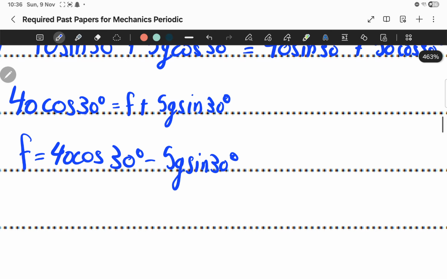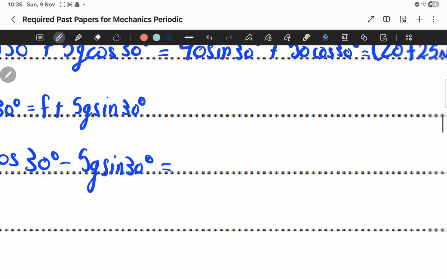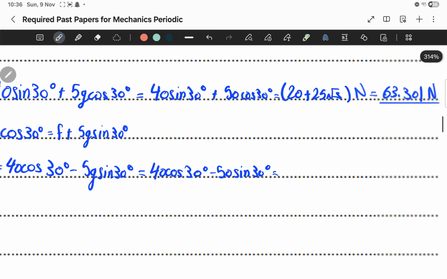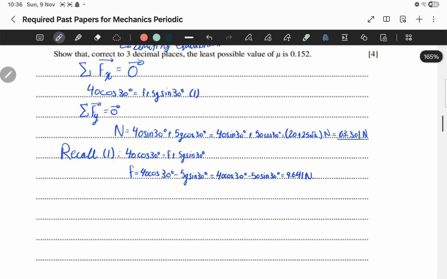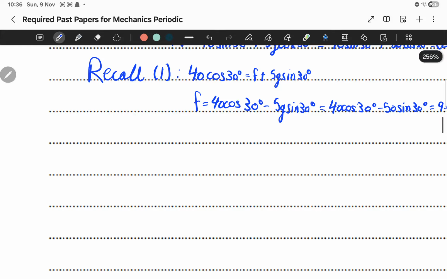Now this can be written as 50 sine 30 degrees. So 40 cosine 30 minus 50 sine 30 equals 9.641 newtons.